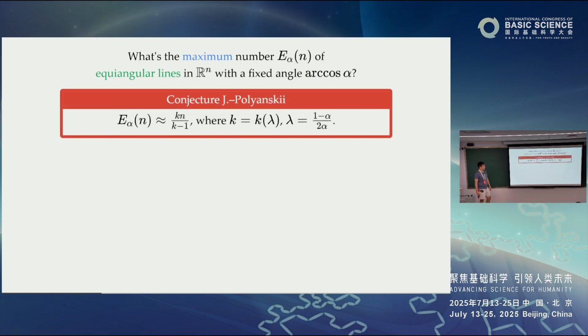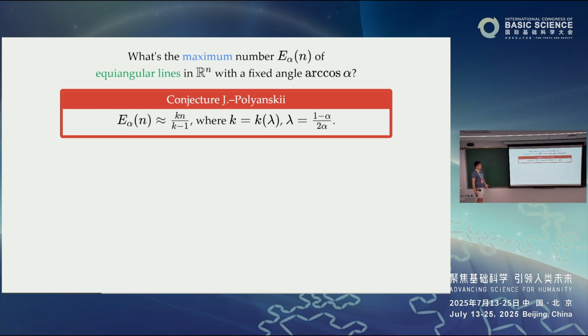Here's a question again. And with Polyanskii, we gave a very general conjecture for this function. Again, it looks the same. However, here k is a quantity dependent on lambda, which is itself just a rational function of alpha. Okay.